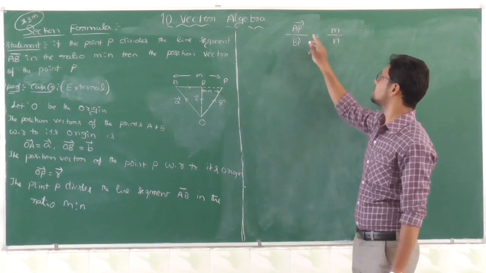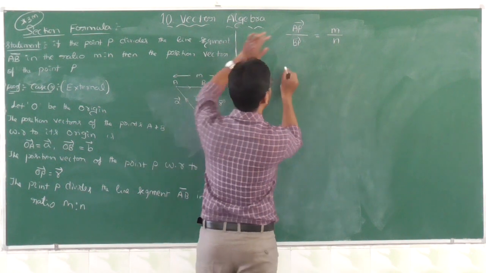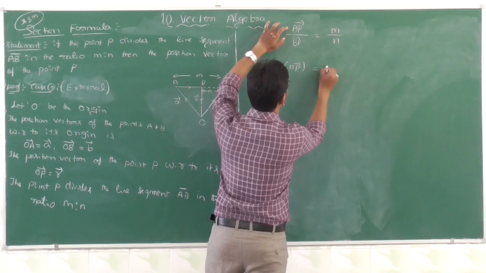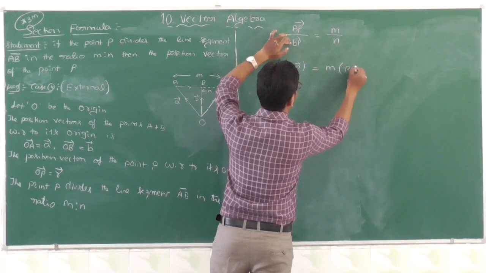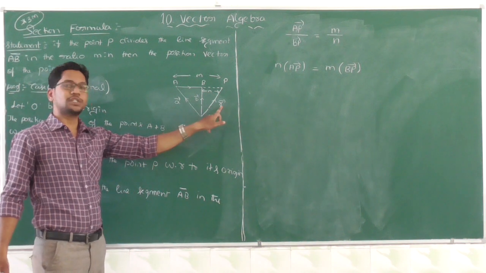As it is the same steps, take the cross multiplication. What we will get is n into AP vector equals m into BP vector. What we have to find is the position vector, R vector.